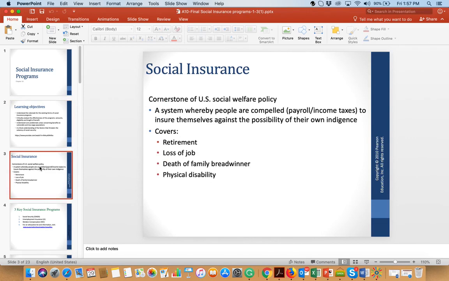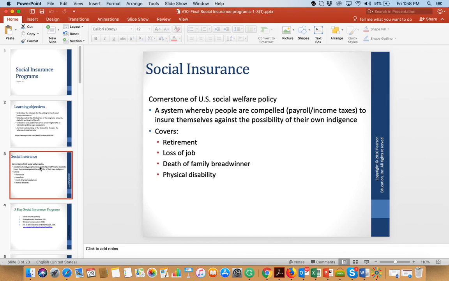So, social insurance, what do we mean by social insurance? Of course, insurance is a protection to you when you get into a problem. For example, you have car insurance, meaning that in case you are involved in an accident, you are put back to where you were before that accident.